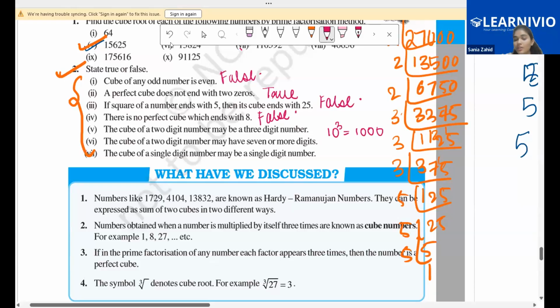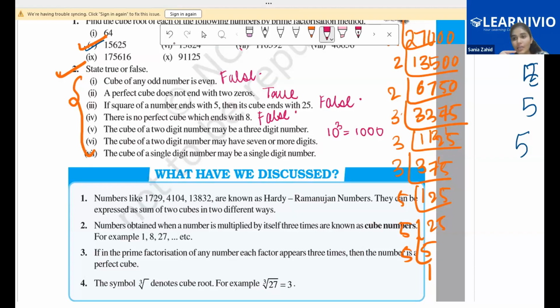Yeah, that's false. See, Harmeet, first of all, look at it in this way. 25 you can't take. Why? Because they're talking about cube, not about square. If the question was the square of a 2-digit number can be a 3-digit number, then it's true. But they're saying cube of a 2-digit number can be a 3-digit number. False. Why? Because what is the smallest 2-digit number? The smallest 2-digit number is 10. And what is 10 cube? 1000. 1000 is a 4-digit number, not a 3-digit number.